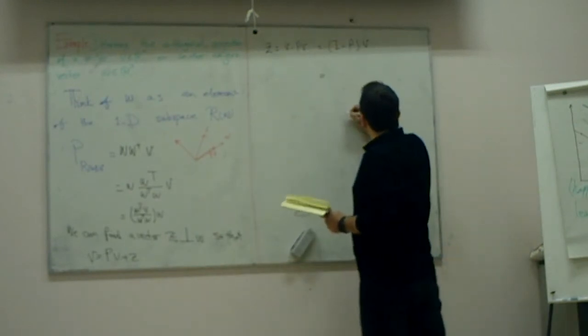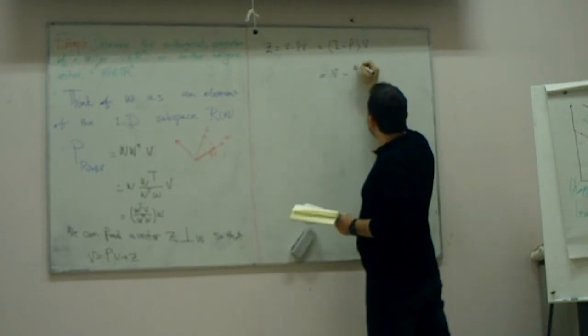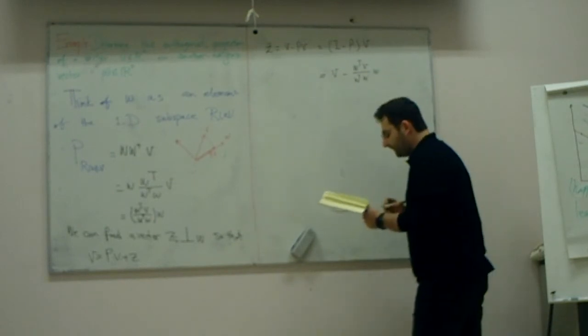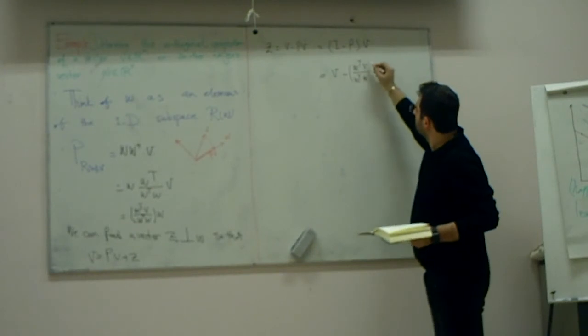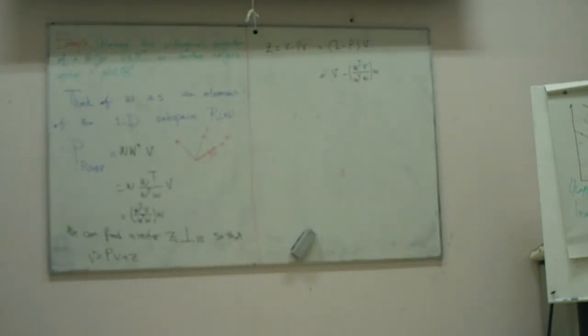Which is equal to V minus W transpose V over W transpose W times W. I just substitute for P.